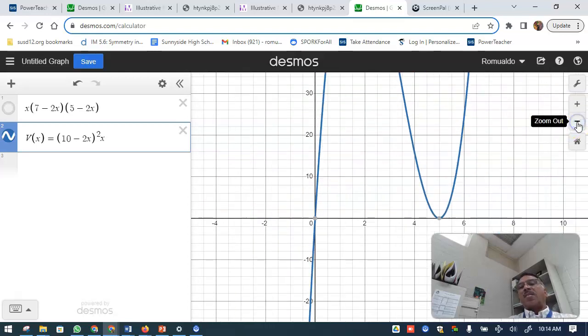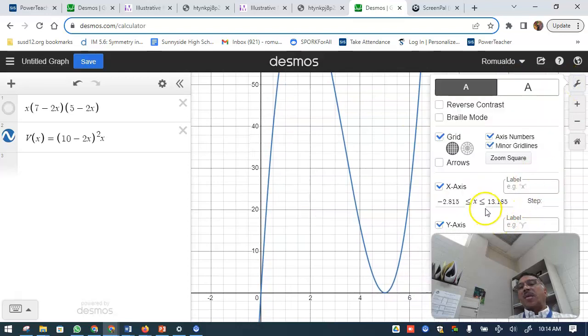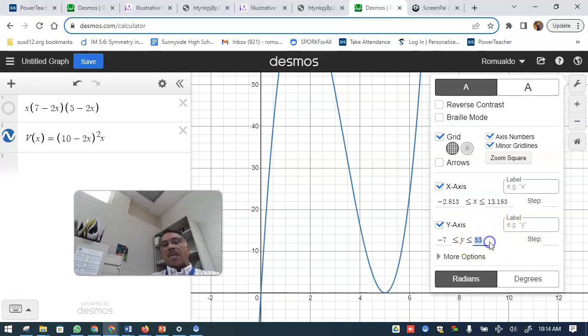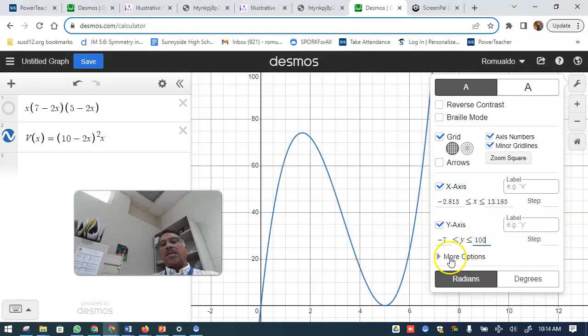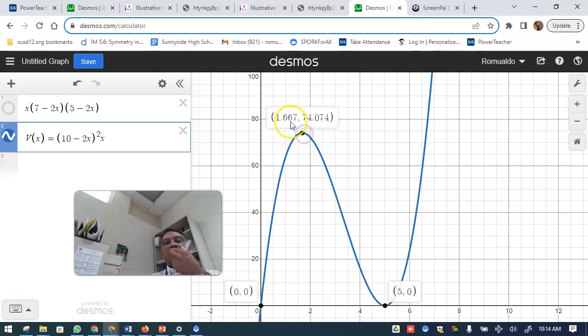I can make it smaller this way, and I can change y to be a little higher, maybe 100. There you go. And there it is. So this is 5, this is 0. So the domain is between 0 and 5, and the volume of the box is maximum when the cutout square has length 1.667.